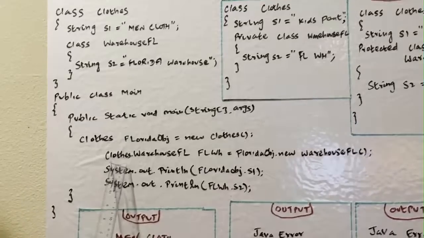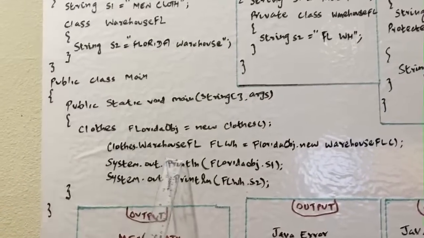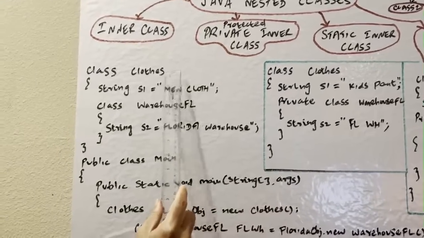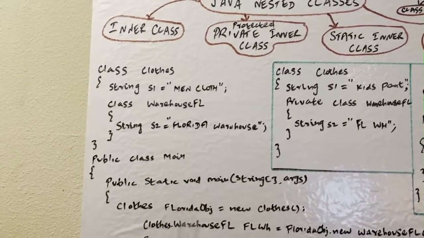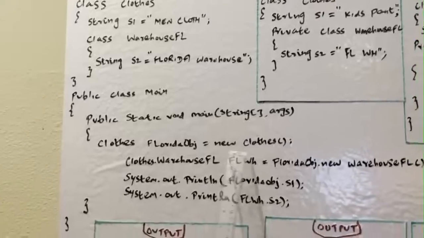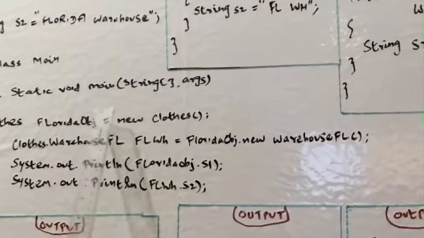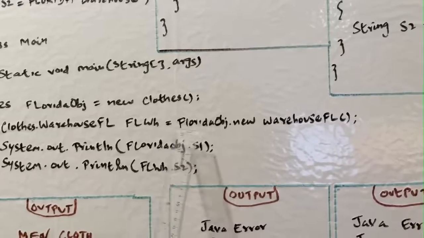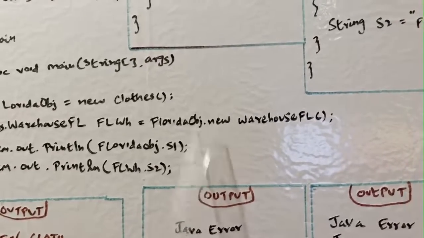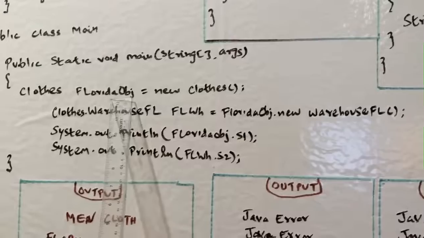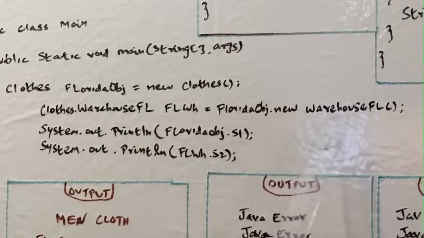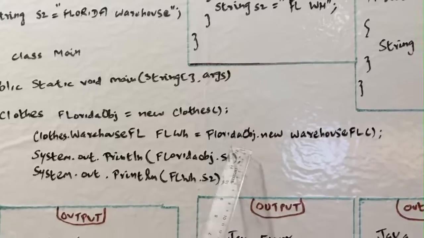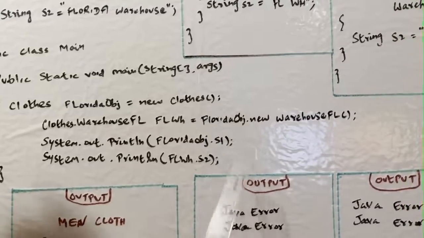Clothes is the main class, the superclass, with subclass warehouse Florida and the actual object name, inner class. So inner class equals Florida object, which is the outer class, dot new warehouse Florida. That's how you instantiate an inner class.